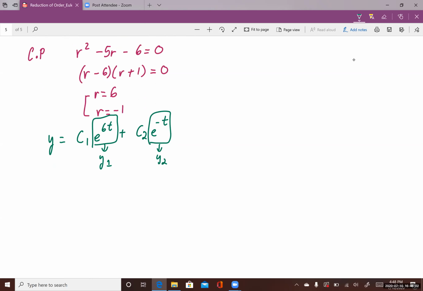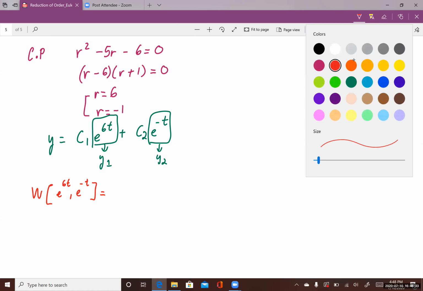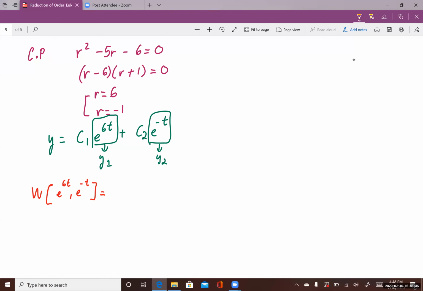Now, if you want to know whether these two solutions, y1 and y2, form a fundamental set of solutions, you can find the Wronskian of these two functions. So the Wronskian of e to the 6t and e to the negative t should be equal to, again, this is y1.